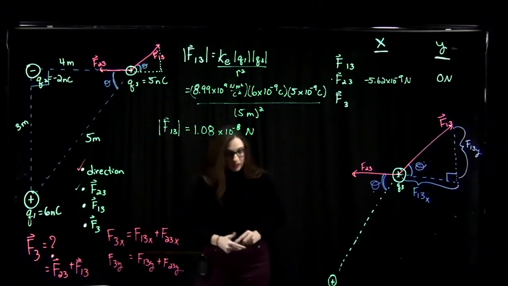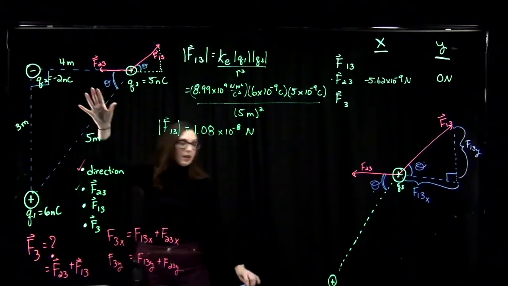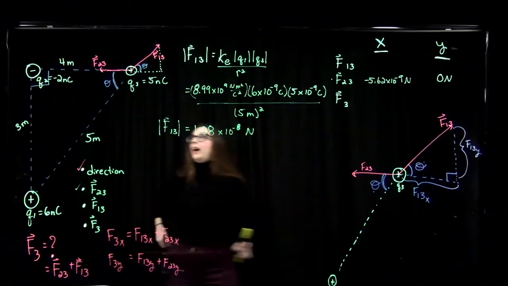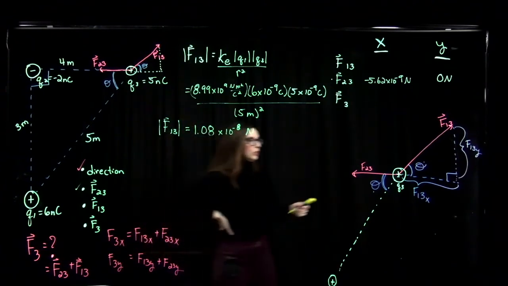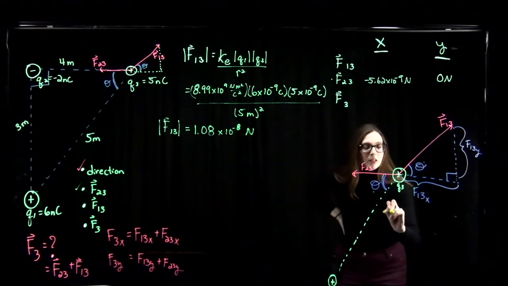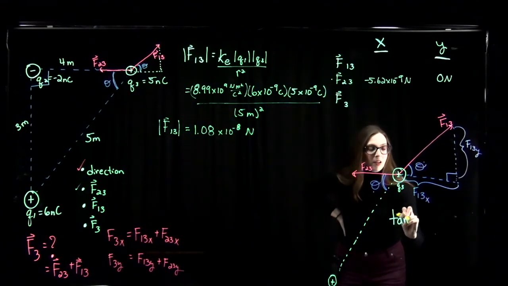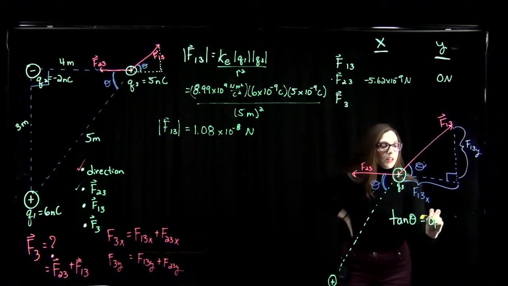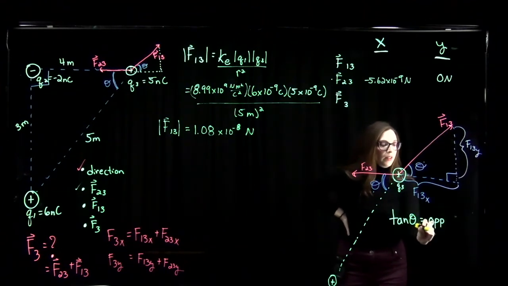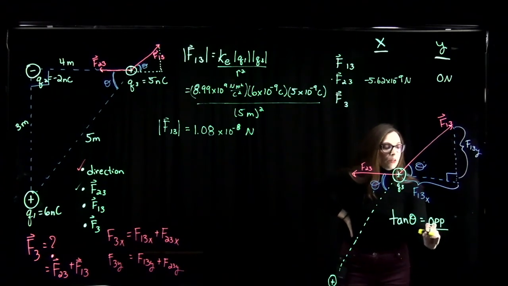I'm going to use tangent to get this angle theta. So if I do that, where will I draw that? Maybe I'll do that over here. Tangent of this angle theta will equal the opposite side of my triangle over the adjacent side of my triangle.